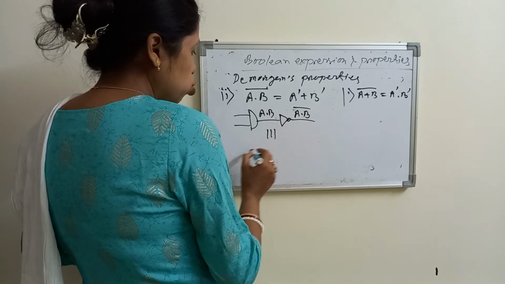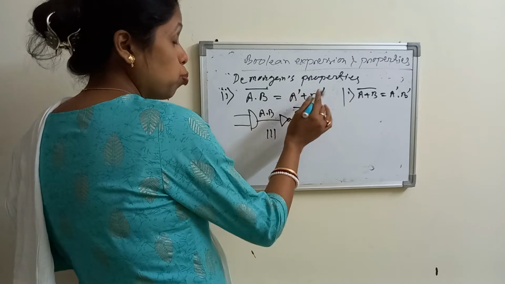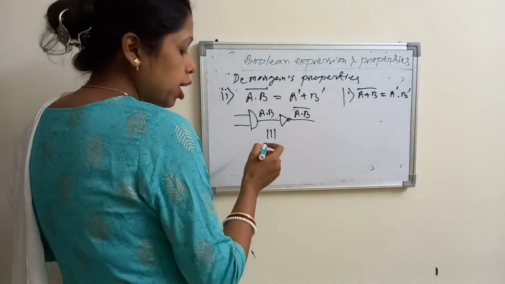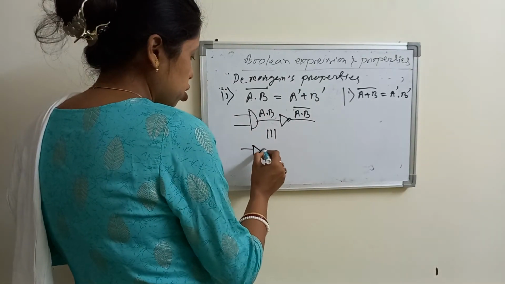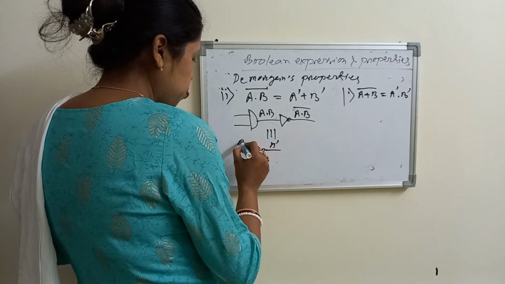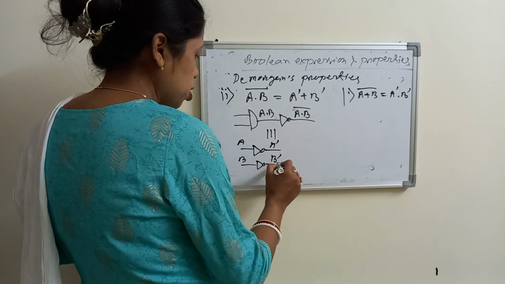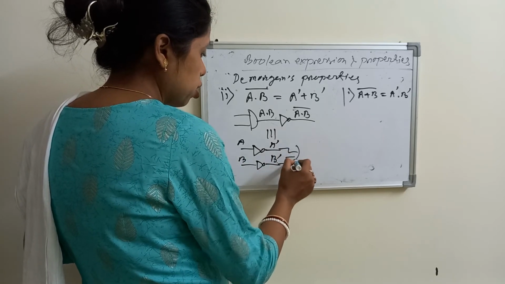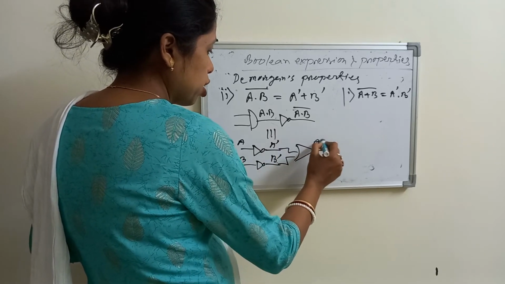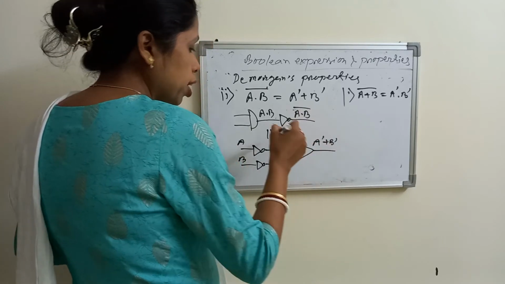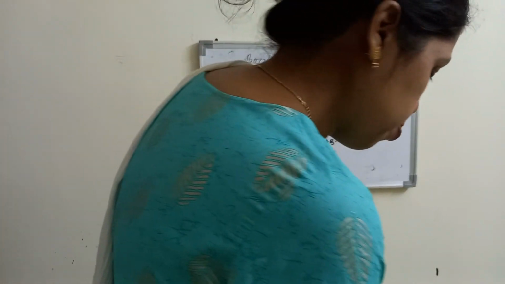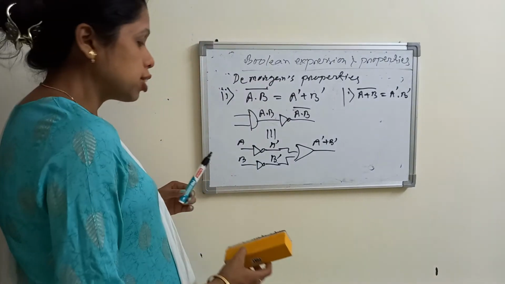That is equivalent to this: first I have to complement both inputs, then do the logical addition. A prime, B prime, then I am adding both the inputs. So these two diagrams are the same.